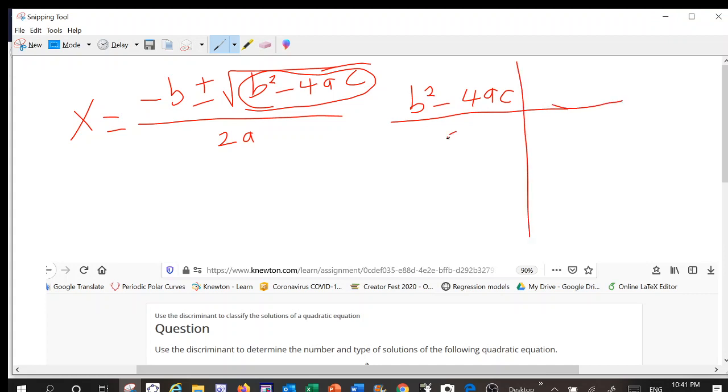Now, if the discriminant is 0, we end up with negative b plus and minus 0 over 2a, which is just negative b over 2a. So we just have one solution, right? One solution. Now, if the discriminant is a positive number, then we end up with the square root of a positive number.